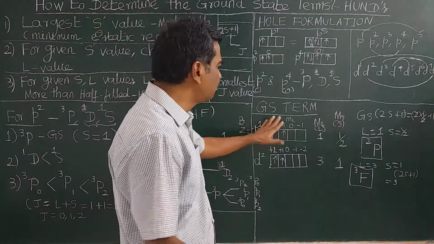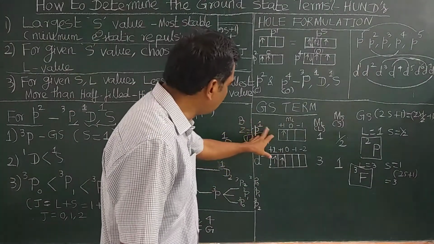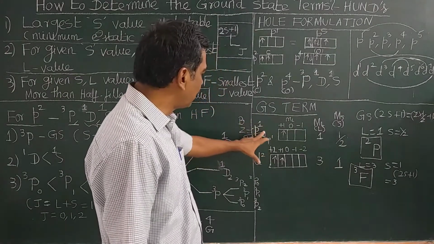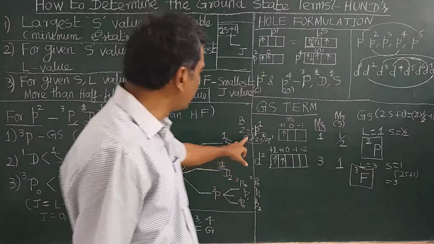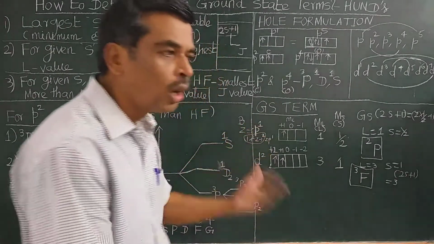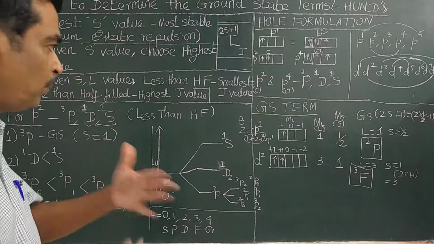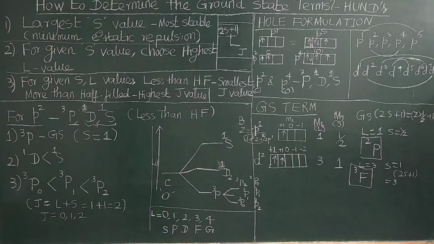Let us now derive the ground state terms for P1, D2, any configuration, D10 or P6, just following simple rules. Here I have given, for example, boron, P1, and the electronic configuration, Z equal to 5, 1s2, 2s2, 2p1. The core electrons, the completely filled shells, do not contribute to the term symbol.